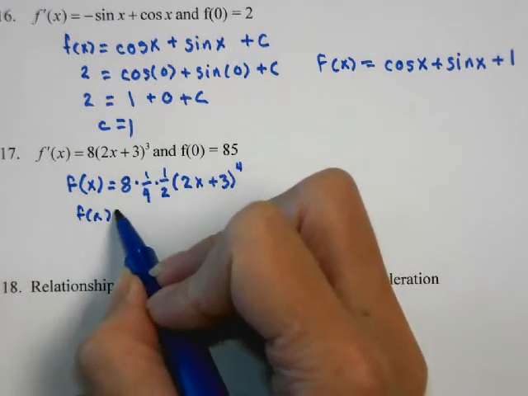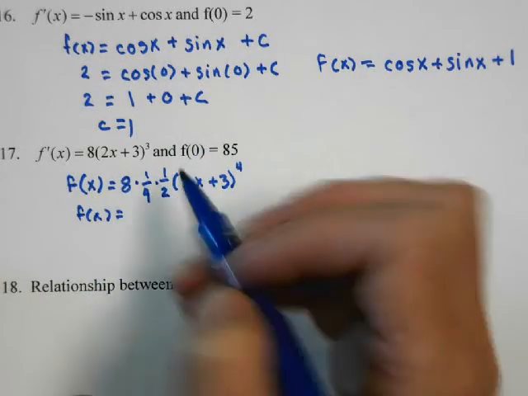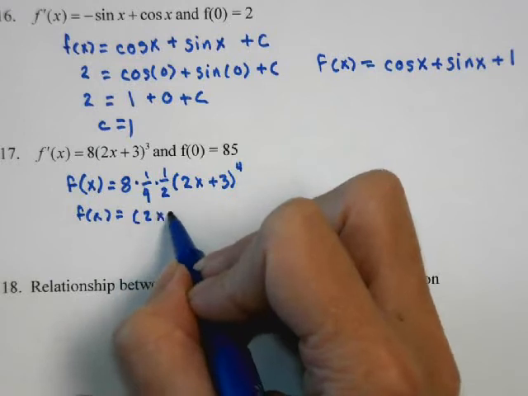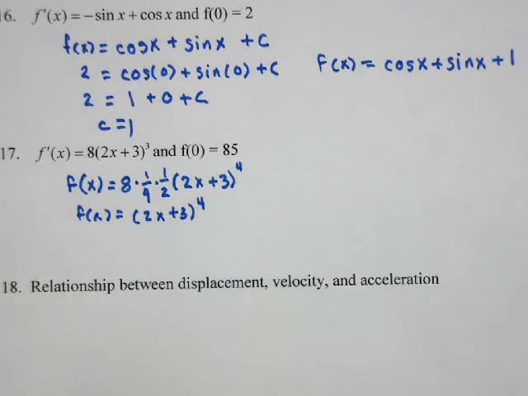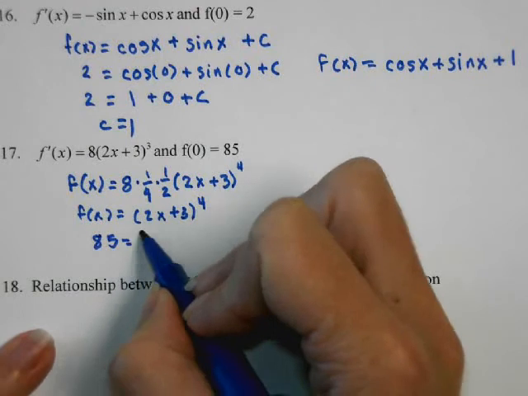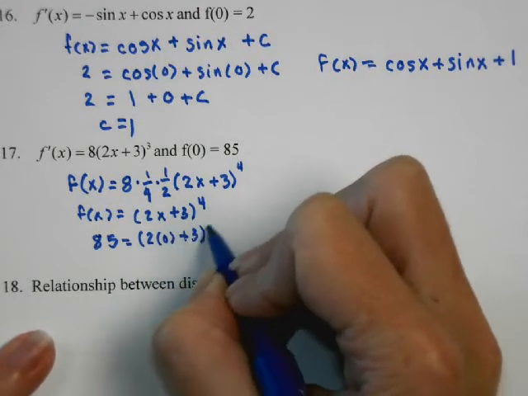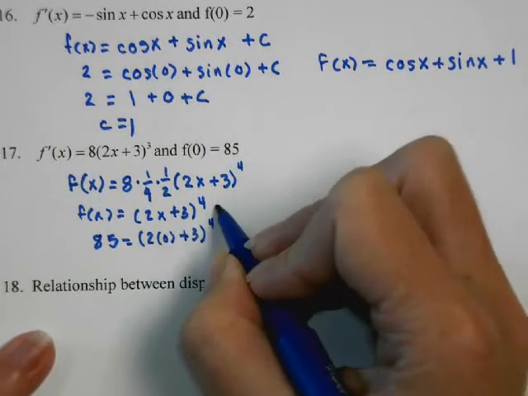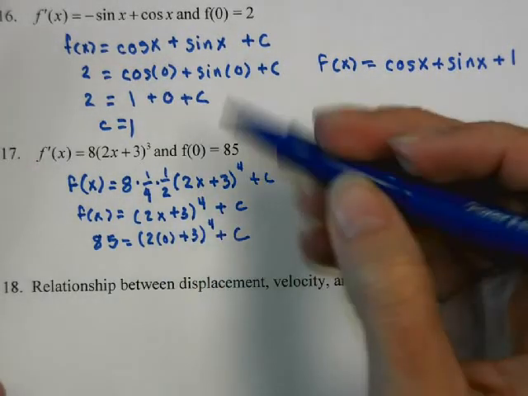So f of x, this 8 is going to be divided by 8. So we're just left with 2x plus 3 to the 4th. Now I'm going to plug in 0. So 85 is going to equal 2 times 0 plus 3 to the 4th. Sorry, plus c, plus c. We're finding c.